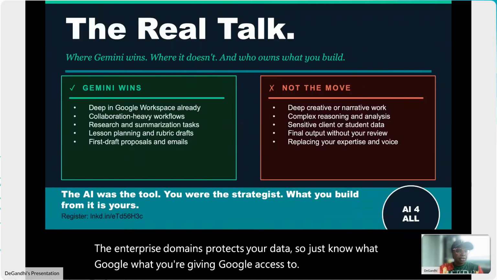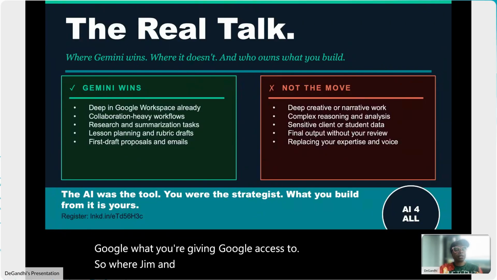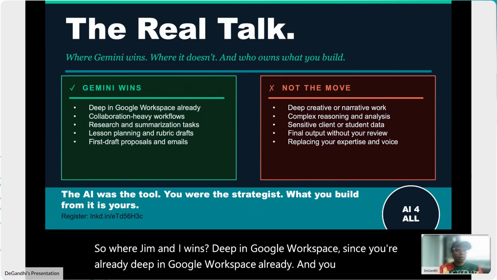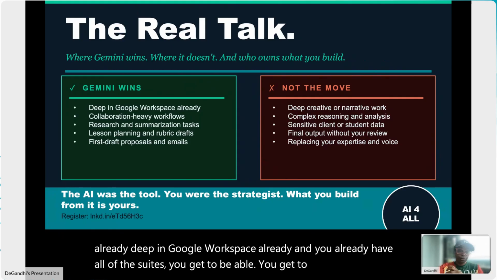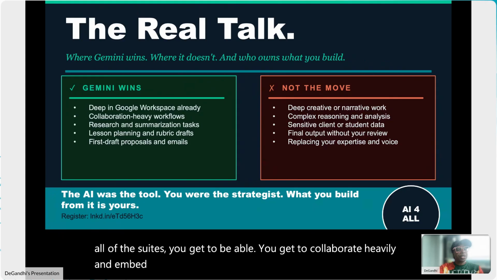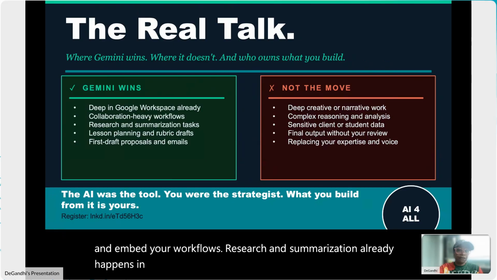So where Gemini wins is deep in Google Workspace. Since you're already deep in Google Workspace and you already have all of the suites, you get to collaborate heavily and embed your workflows. Research and summarization already happens in the workspace. Lesson planning can be very simplistic.